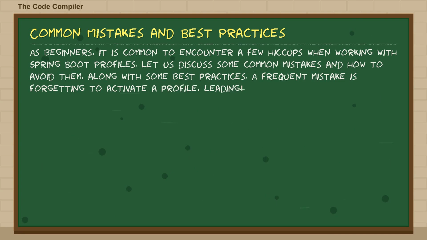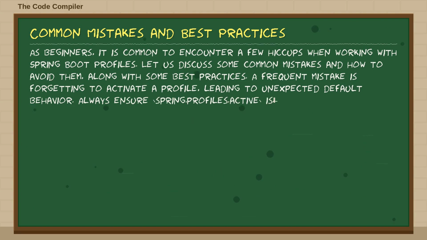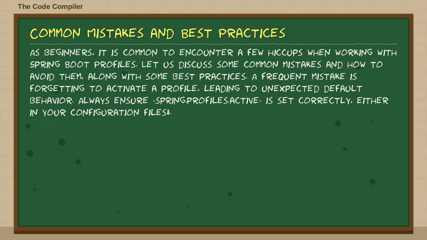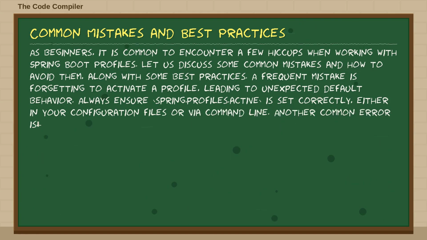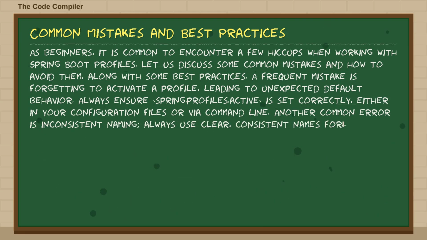Always ensure spring.profiles.active is set correctly either in your configuration files or via command line. Another common error is inconsistent naming. Always use clear, consistent names for your profiles, like dev, test, prod.